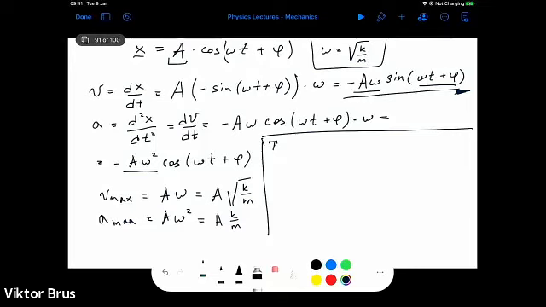So that means that the phase of oscillation, this argument in sinus or cosinus, should be the same before and after a time interval equal to T. So we can write it in the following way.